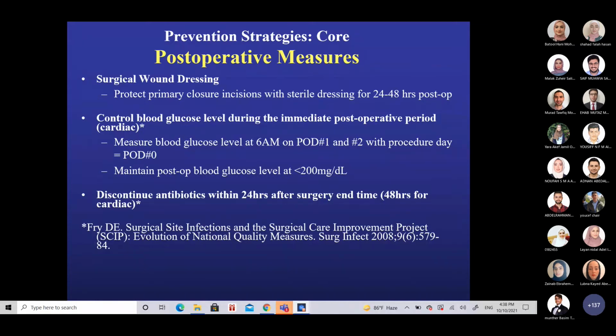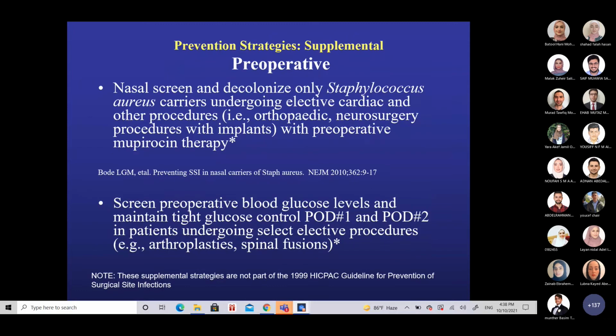But this aggressive management may lead to attacks of hypoglycemia and therefore morbidity and mortality. So nowadays the recommendation is only to have nice sugar control, maintaining blood sugar less than 200 post-operatively, and this will significantly decrease the risk of surgical site infections.